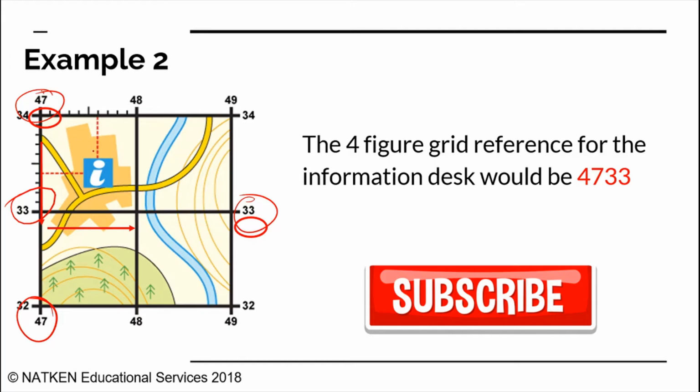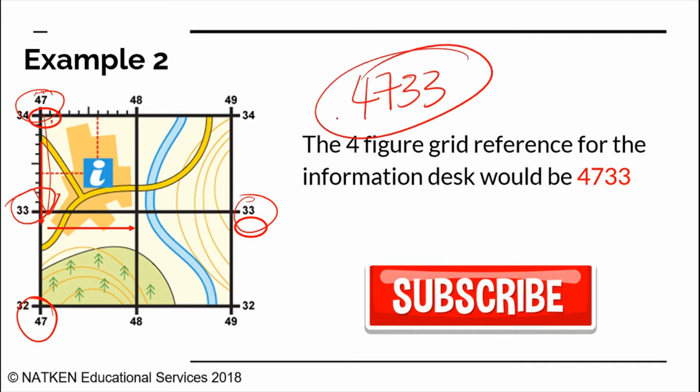So again, we would read our easting line first, just like we're doing a capital letter L. So we would come down like this, and for that one, that line is number 47. And for our northing line, which would be going across, that line would have been number 33, and this would have been our 4-figure grid reference for the information desk, which is 4733.